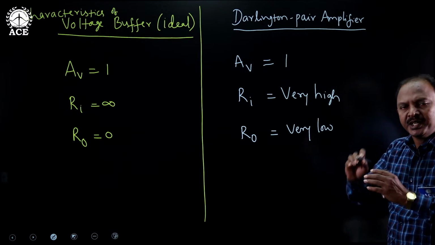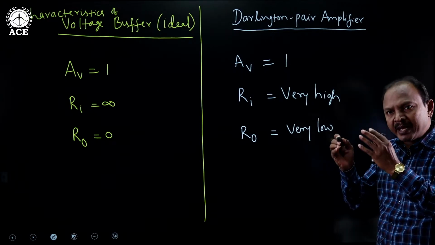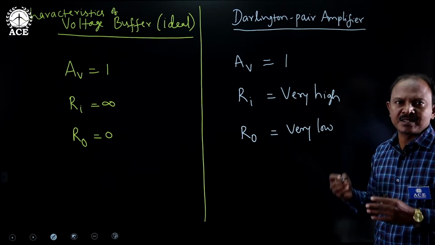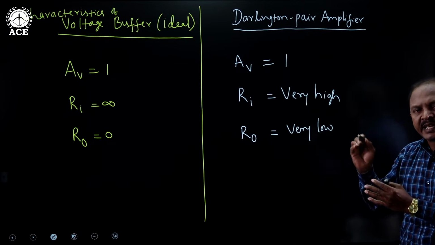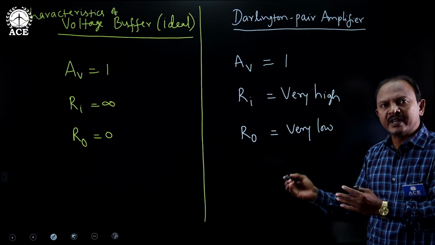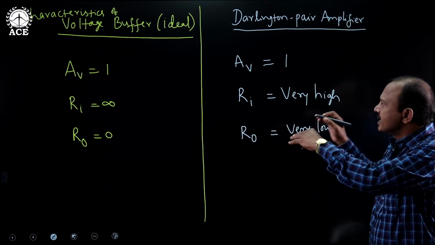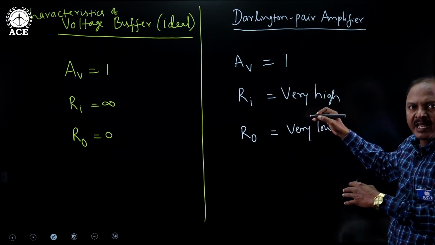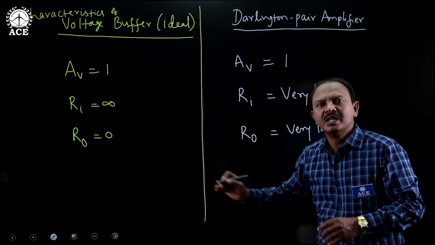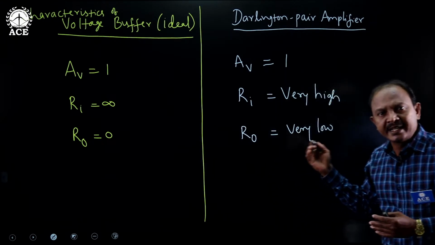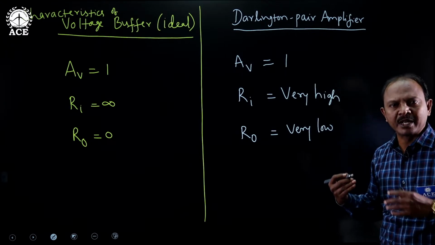Then in case 3, you have to do the complete overall analysis, and with the results of the overall analysis, compare the characteristics of the Darlington pair amplifier with those of an ideal voltage buffer. Because they are much close, we can claim that the Darlington pair amplifier can be used as a voltage buffer in real-time electronic circuits.